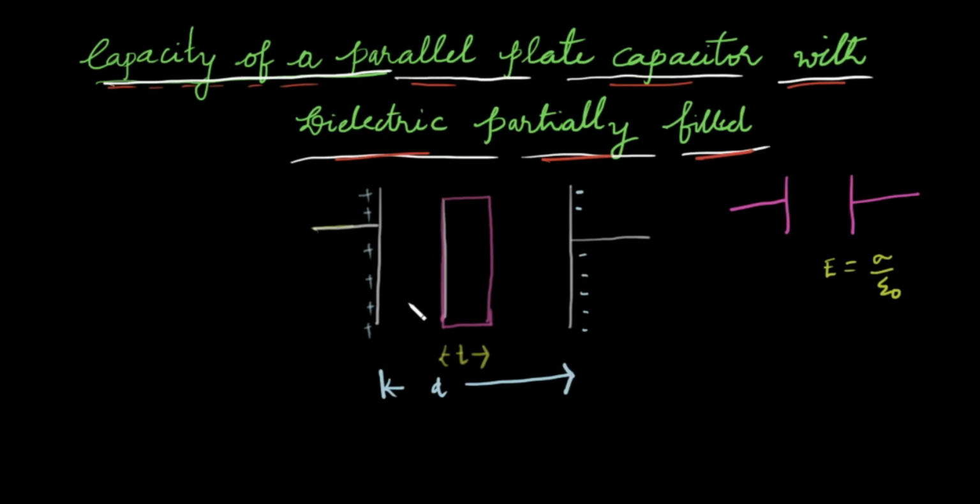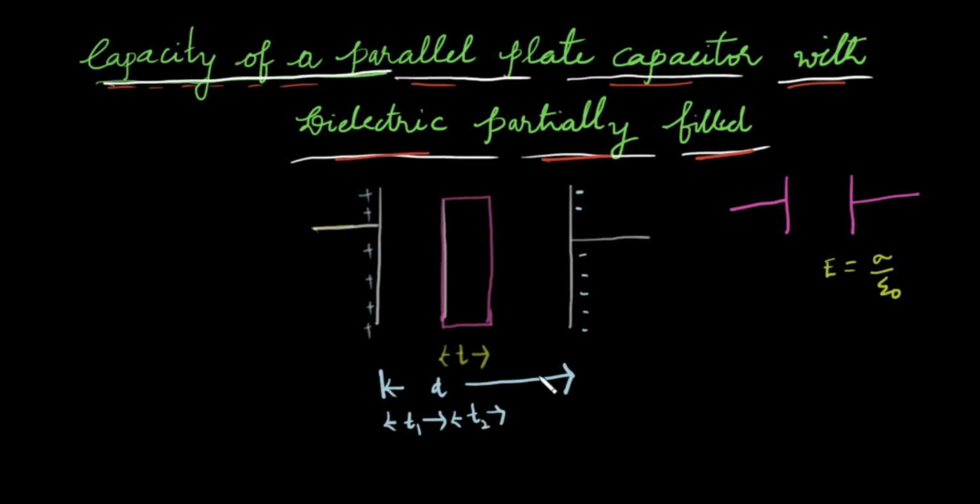Now let us take this distance from the plate to here as T1, and the dielectric thickness as T2. What I mean is T2 is T. Okay.